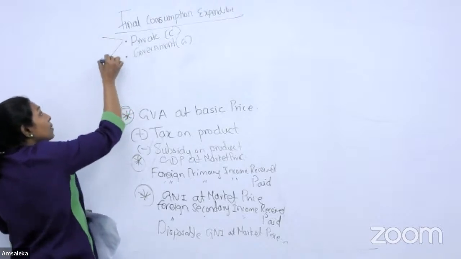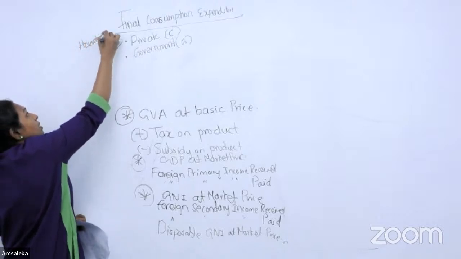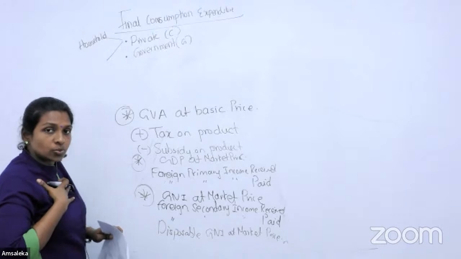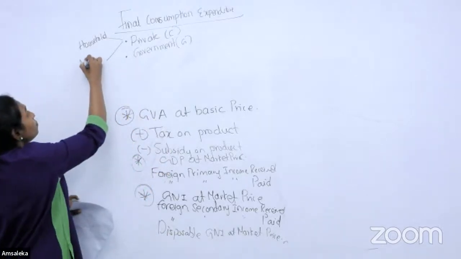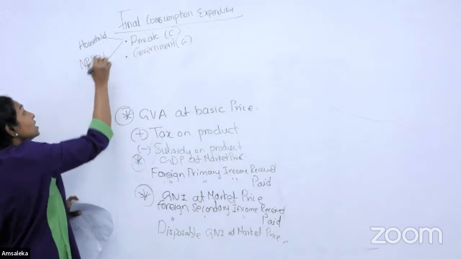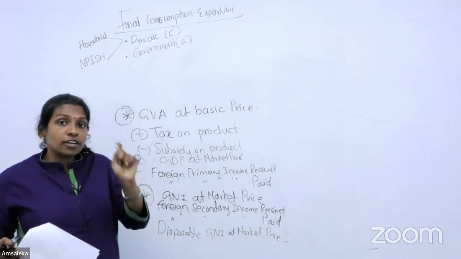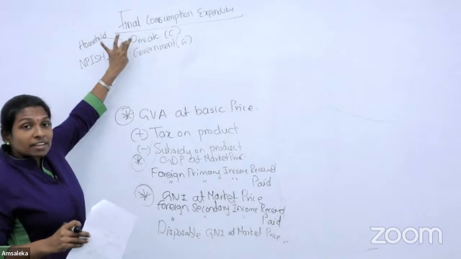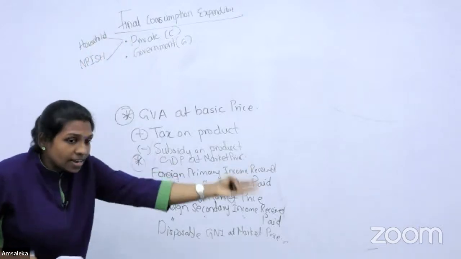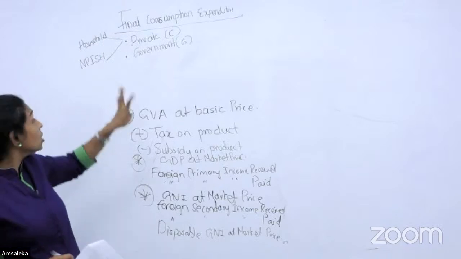Private means household expenditure. What is household? Individual. And there are also non-profit institutions serving households. These two are known as private. What households directly consume is household consumption expenditure.